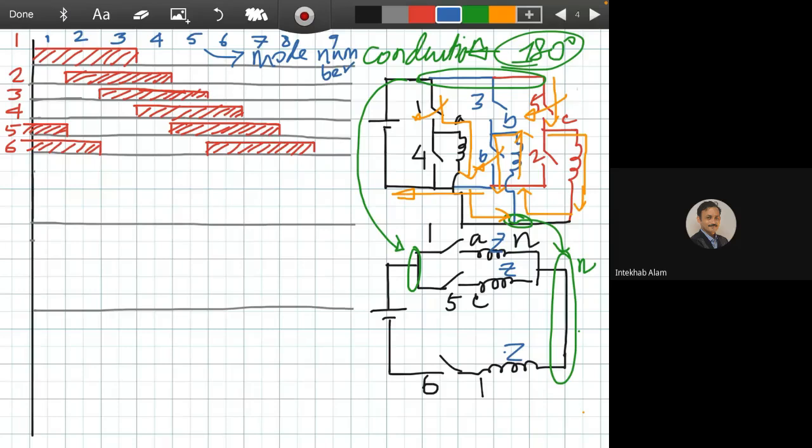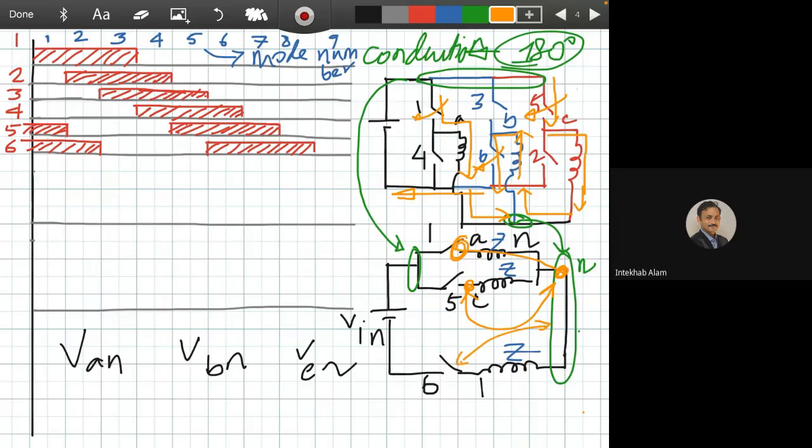This is V in. So what will be the output voltage of VAN? What will be the output voltage of VBN? What will be the output voltage of VCN? VAN means the voltage between these 2 points. VCN means the voltage between these 2 points. VBN means the voltage between these 2 points.